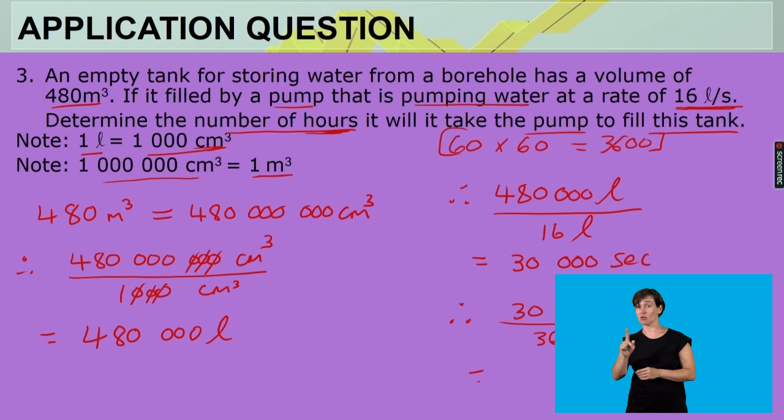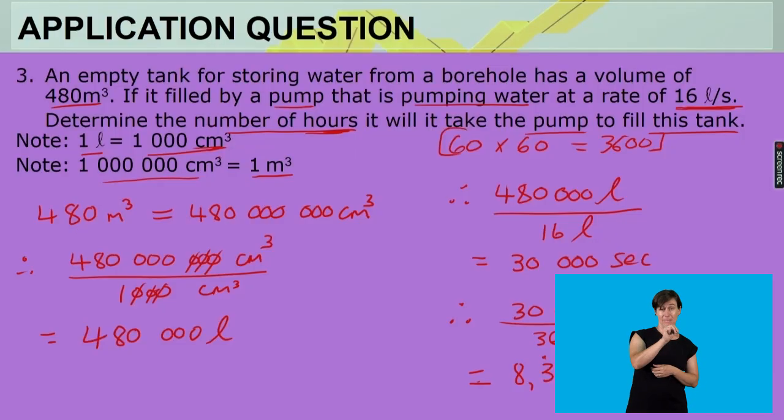So that will give me an answer of 8.3 repeating, so the 3 repeats itself, hours. So all in all, it will take just over 8 hours for the pump to pump all this water in there.